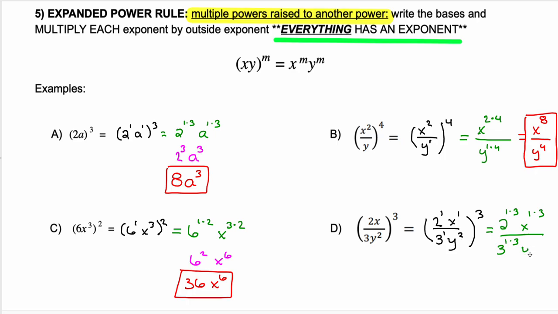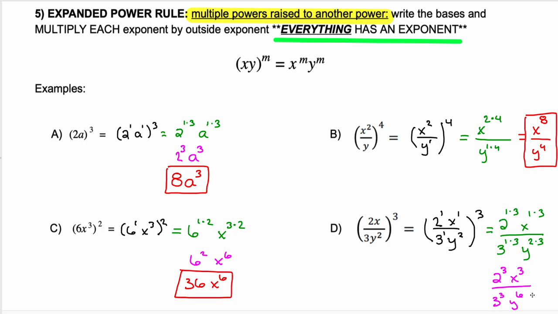Then we have a base of y raised to the 2 times 3, because that exponent was 2. Now as we simplify this, the base of 2 is raised to the 1 times 3, which is 3. The base of x is raised to the 3rd power, divided by the base of 3 raised to the 3rd power. The base of y is raised to the 6th power.